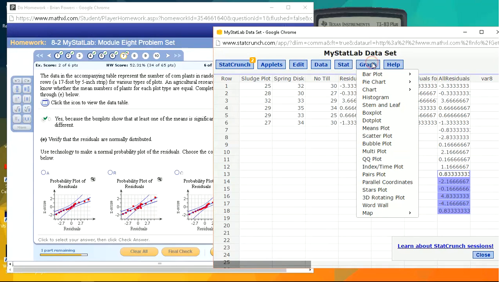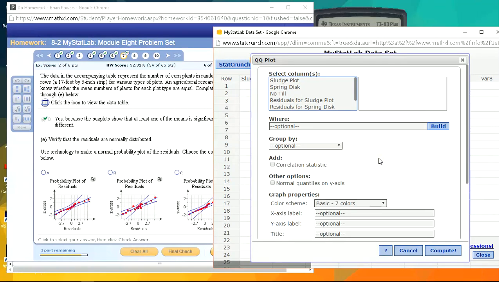I'm going to do a graph called a QQ plot. A QQ plot is a quantile-quantile plot. It's what gets us to match up quantiles. So what we're going to get is some plot that looks like what we have over here.